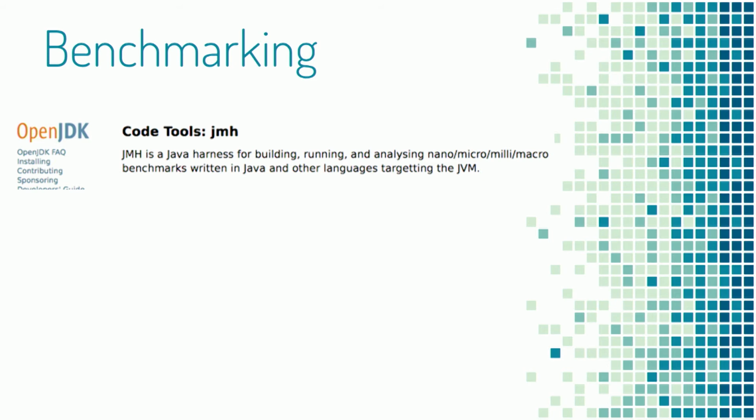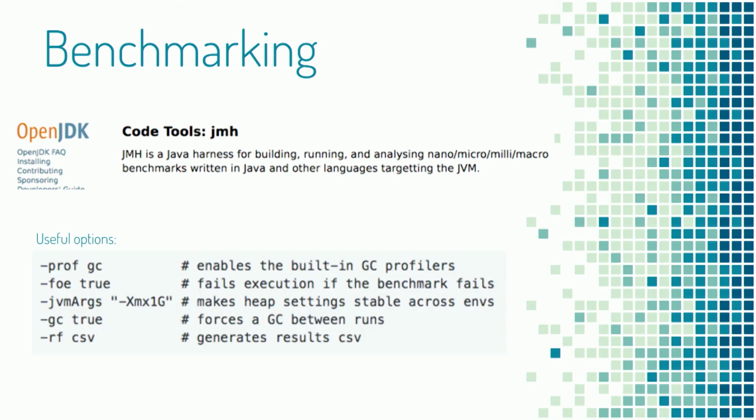I would like to share some options that I see people sometimes not using with JMH. You can enable the built-in GC profiler. That's really useful because sometimes you can have something with really high throughput that's generating a lot of garbage, so you always have to mind how much you are allocating. There's also an option to fail the execution if the benchmark fails.